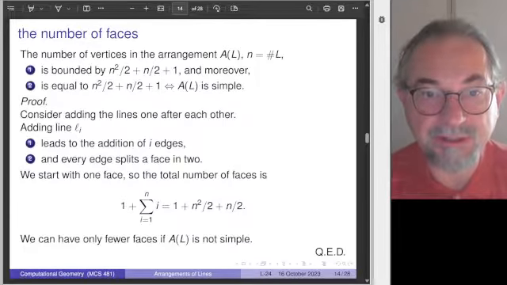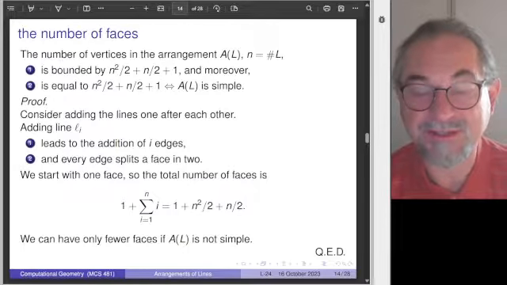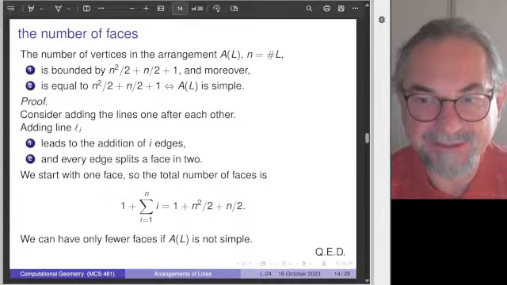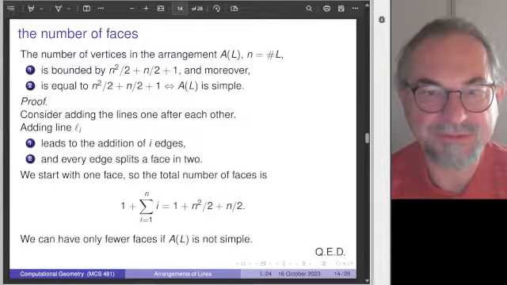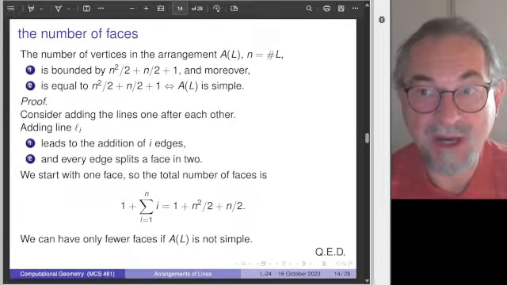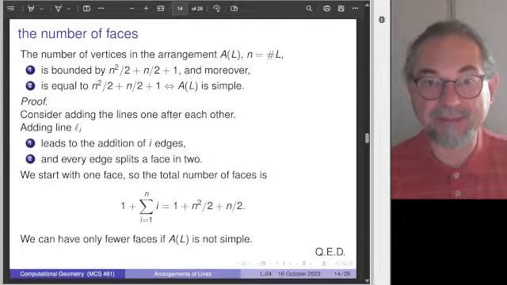Okay, consider an incremental construction, and that is in some sense introducing the algorithm that we will consider in the third part of this lecture. If we are adding the ith line, we will add i edges, because we have already i minus 1 lines, and the ith line is therefore intersected i minus 1 times.